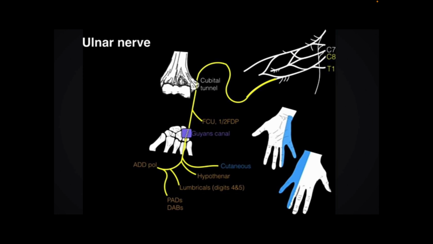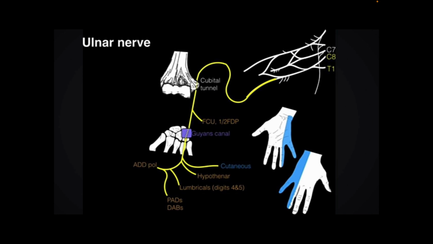Now once it enters the hand, the ulnar nerve of course provides cutaneous sensations, as has been shown in the picture on the right. The upper picture shows the anterior aspect of the front of the hand, the palmar aspect, and the lower picture shows the dorsal aspect of the back of the hand. So the ulnar half, the ulnar side of the hand, is supplied by the ulnar nerve.